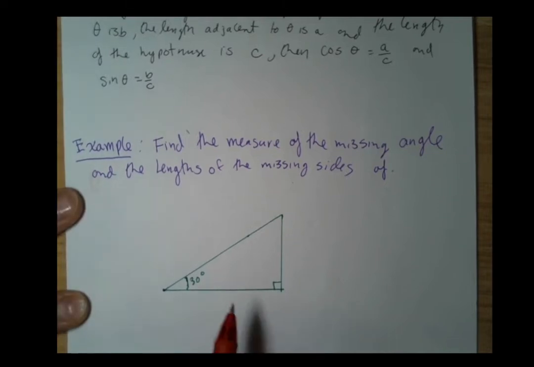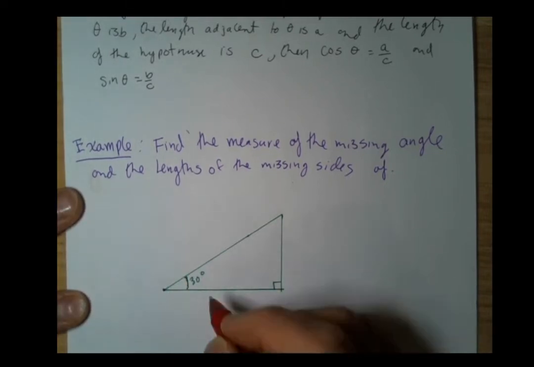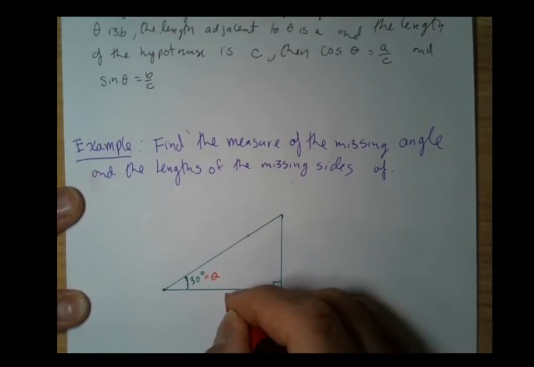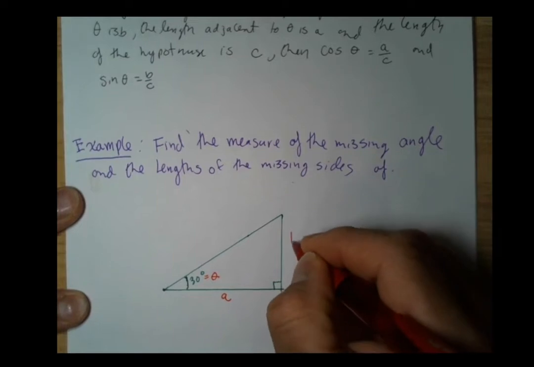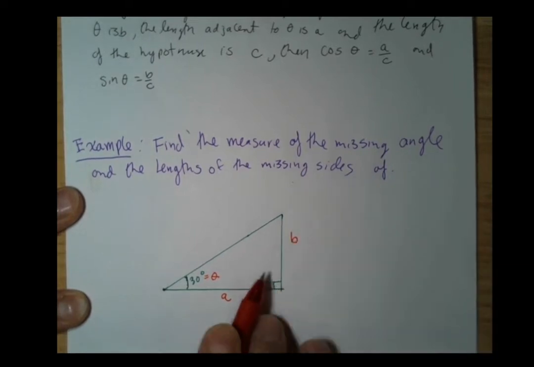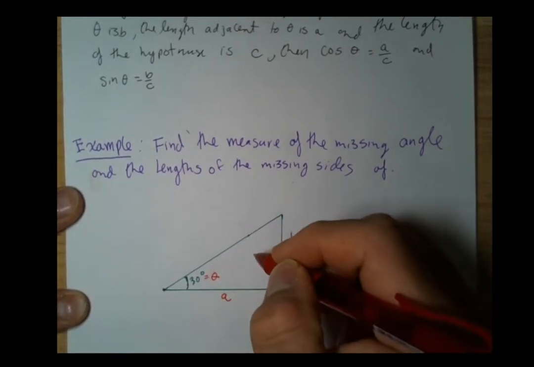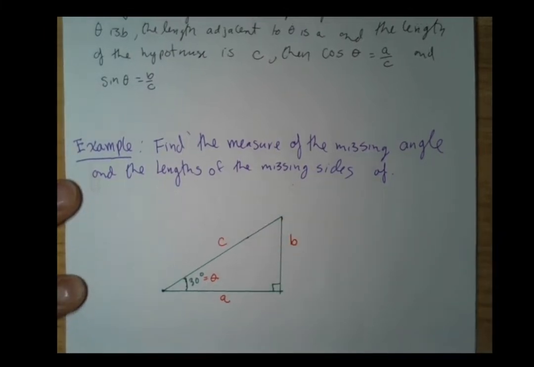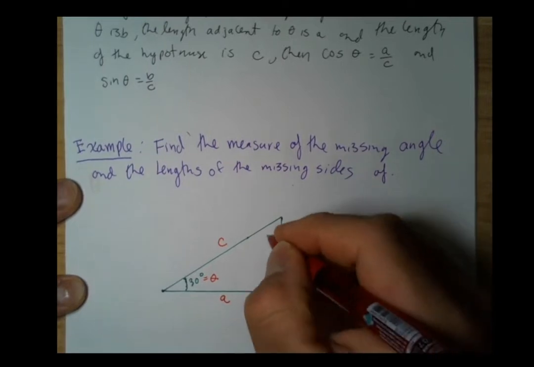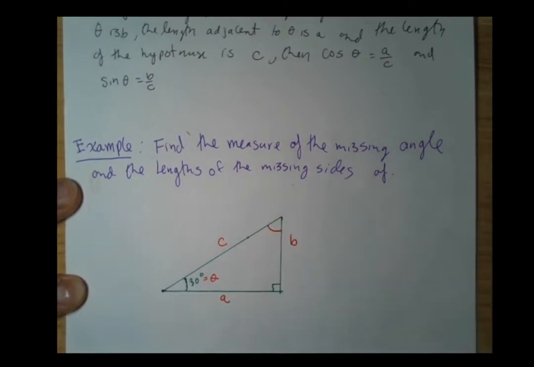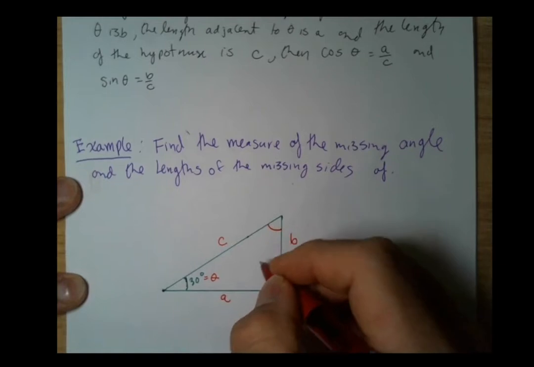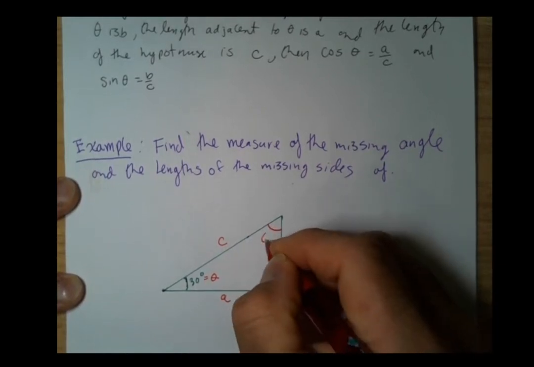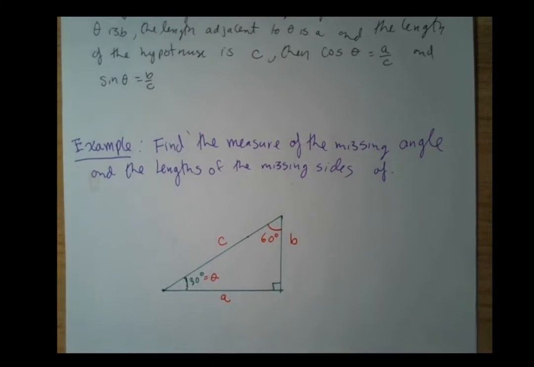Okay, now, according to this theorem, if we treat this as our theta, the side adjacent is A, the side opposite is B. Again, the hypotenuse is always across from the right angle, so that would be C. And then also, understanding that the sum of the angles is 180, if this is 90, this is 30, that means this is 60 degrees.